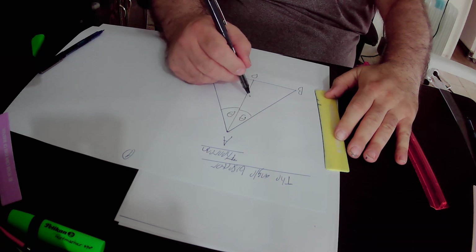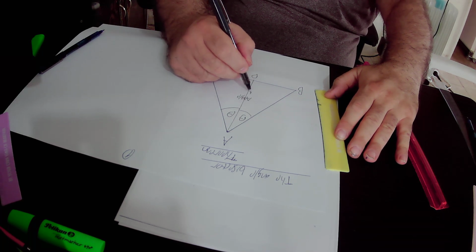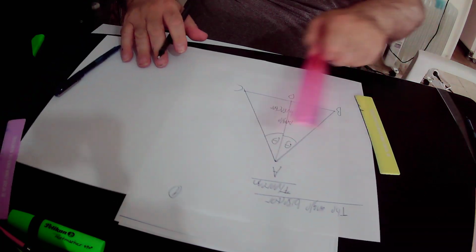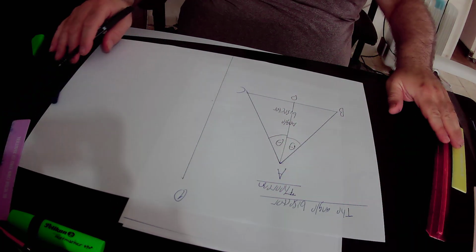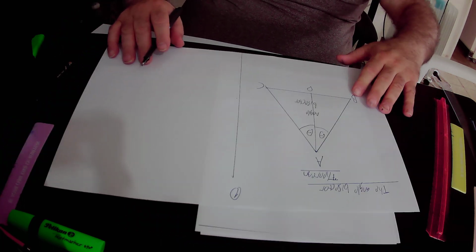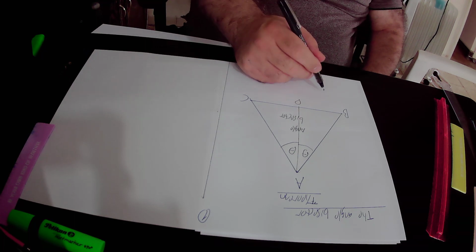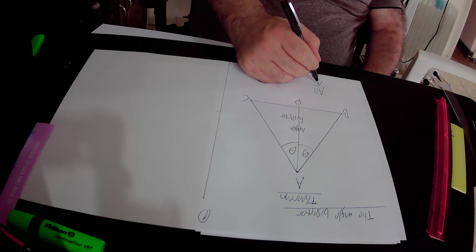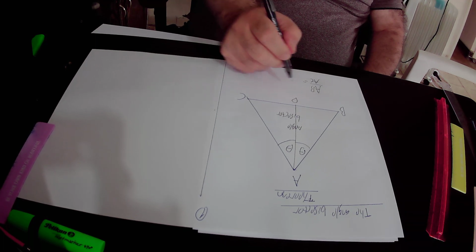So AD is the angle bisector. So, according to the angle bisector theorem, we get that AB over AC equals BD over DC.